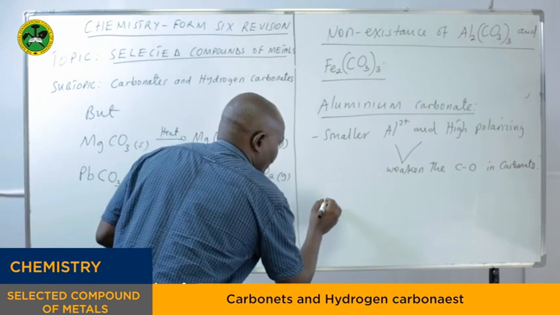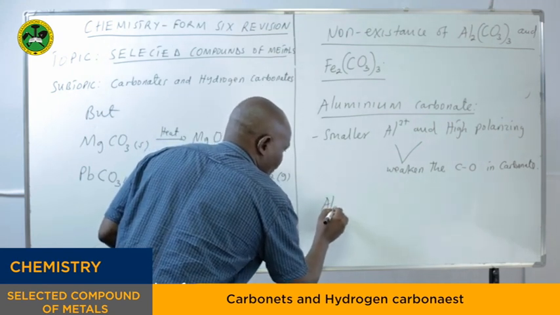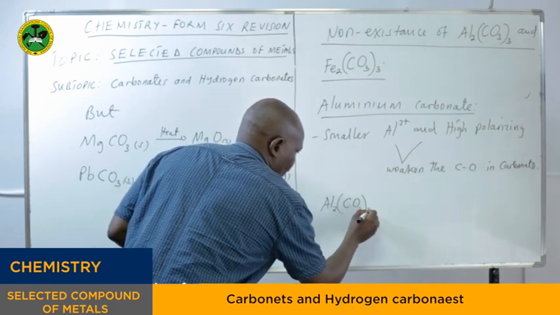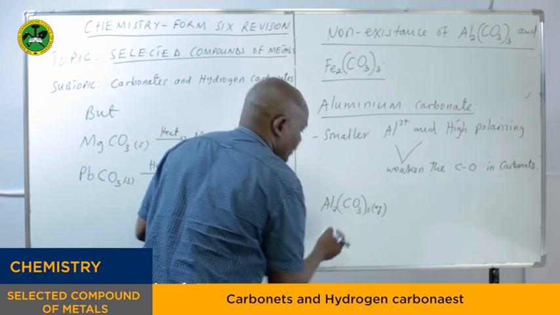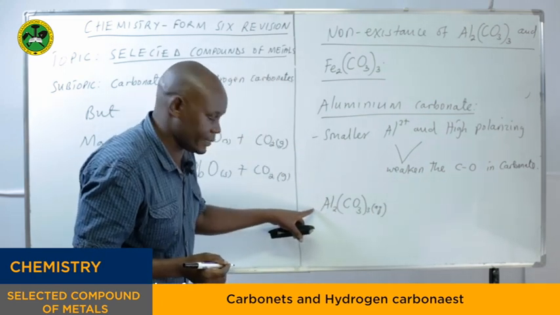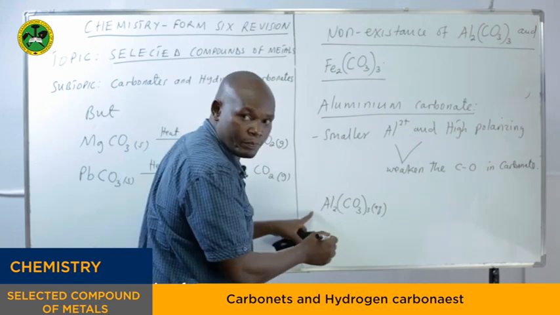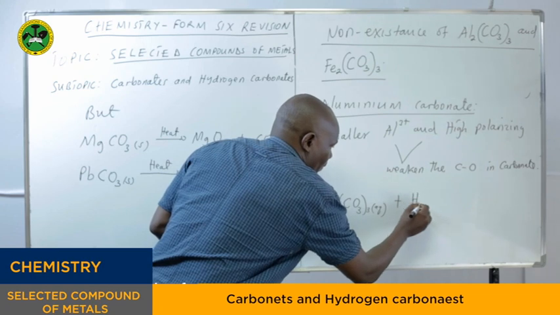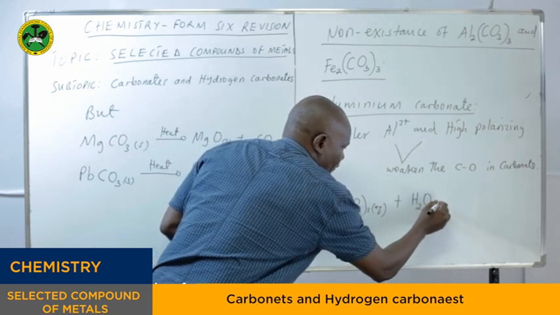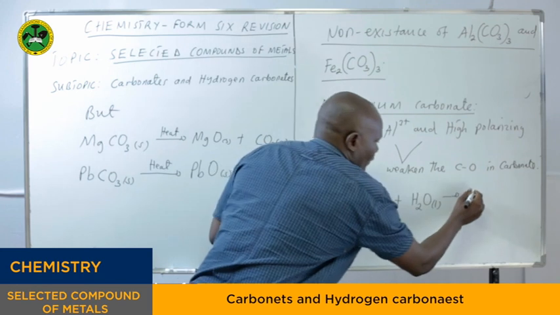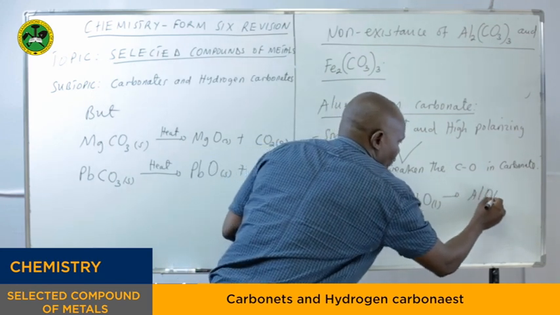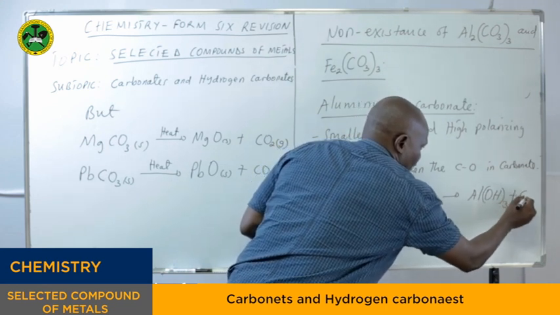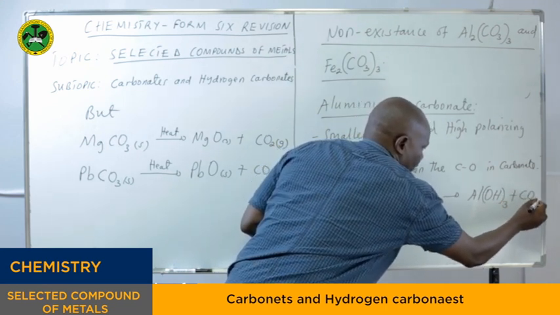So if this is aluminium carbonate, since aluminium has a smaller cationic size and high polarizing power, it captures the vapor in the atmosphere and breaks down to release aluminium hydroxide and carbon dioxide gas.